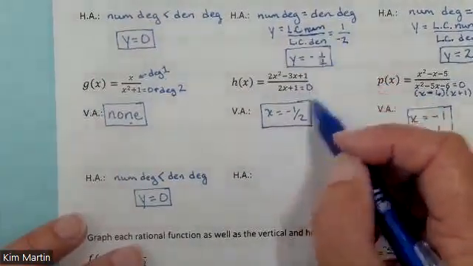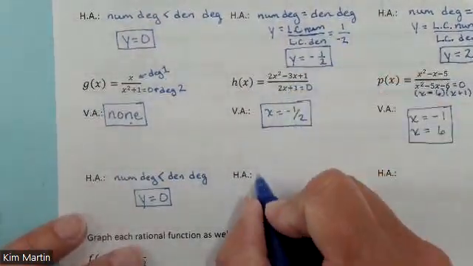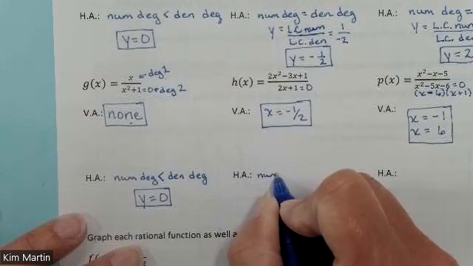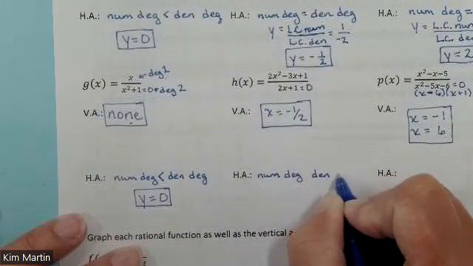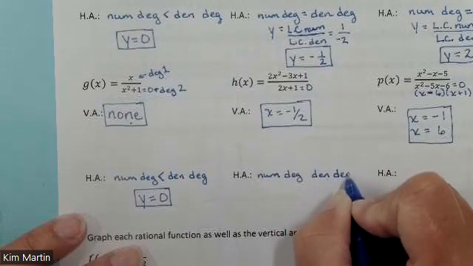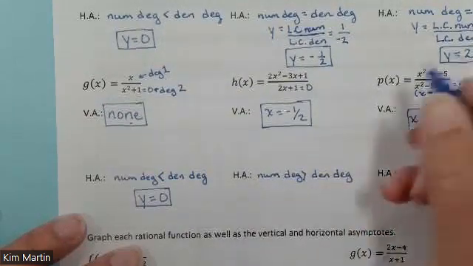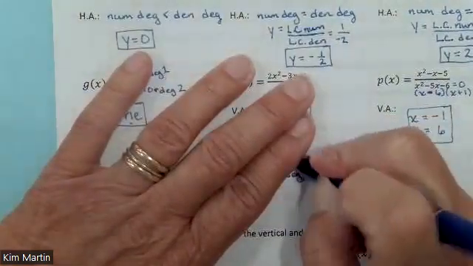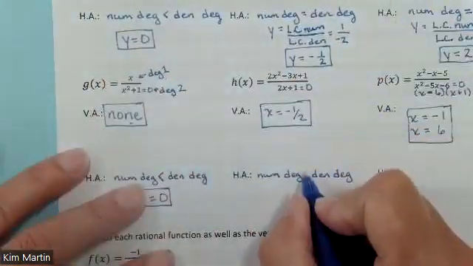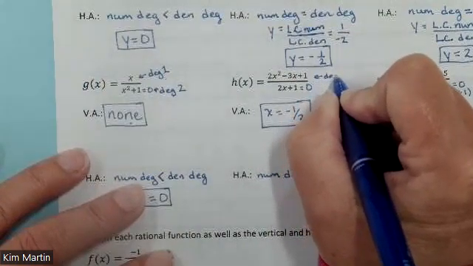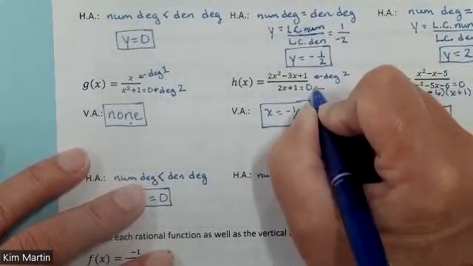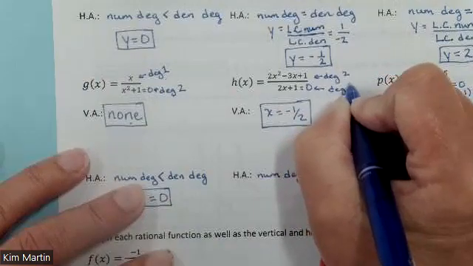Right here, this one right here, what do we know about the numerator degree compared to the denominator degree? What is it? It's greater than now. Okay? When it's greater than, what happens? There is none, right?